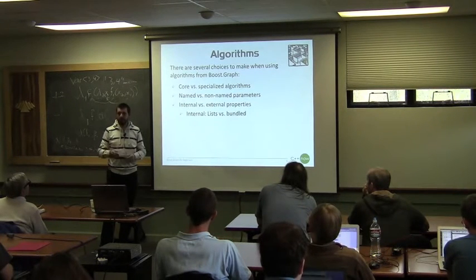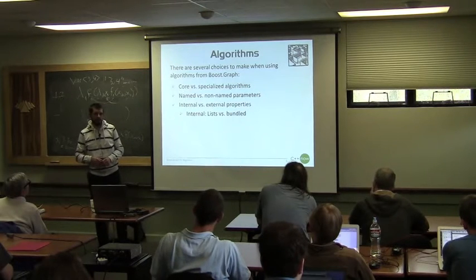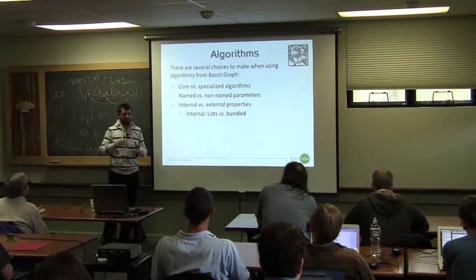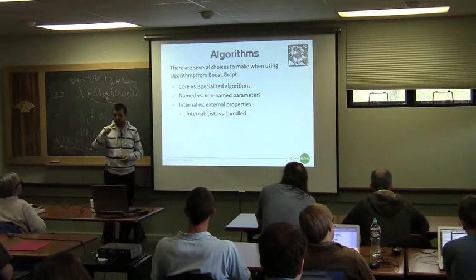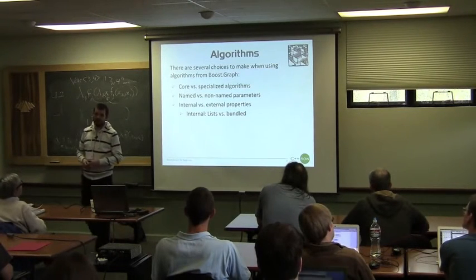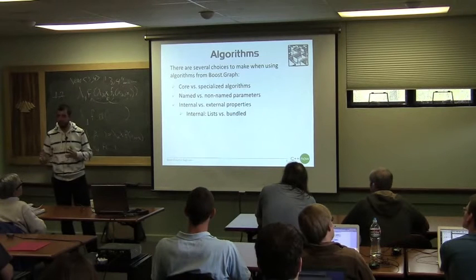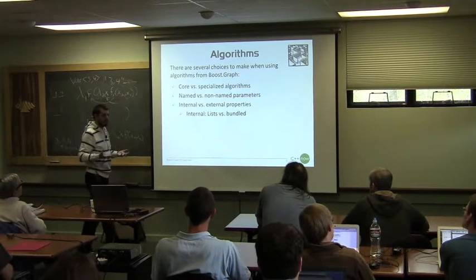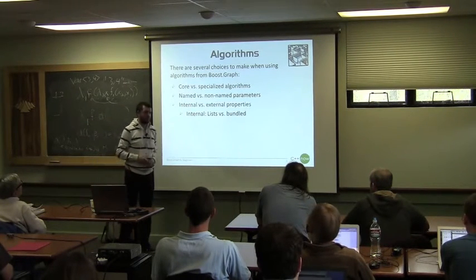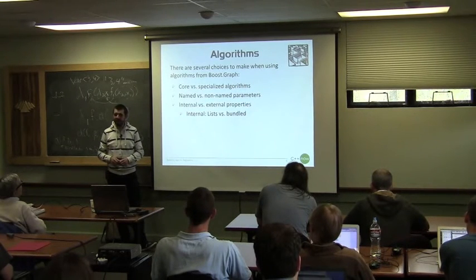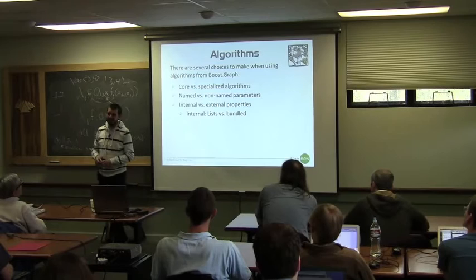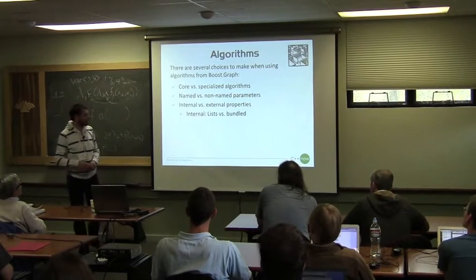So when it comes down to breadth first search, the property map which is used here, if you know a little bit about graphs, is a color map. So we are using a color to mark a vertex, whether it has been visited already before or not. And this color needs to be stored somewhere. Breadth first search uses a color map to do this.